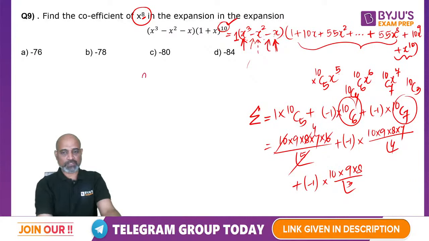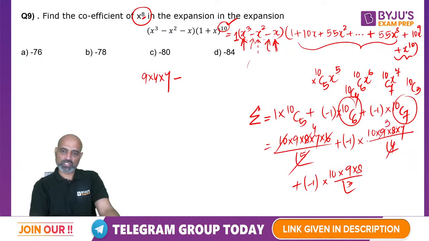So you will have 9 into 4 into 7 minus 4 factorial में 8 चला जाएगा. This is 3. So this is 210 minus 3 factorial में 1 3 will go and 1 4 minus 120.